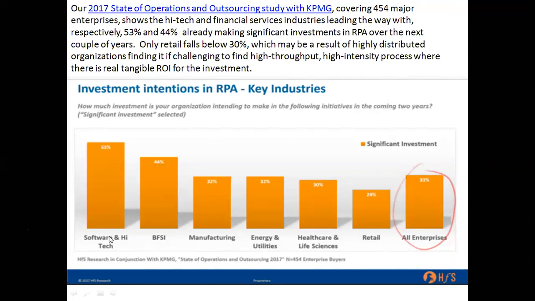And if we look at software and high tech, what investments are done? 53%, in manufacturing 32%, energy and utilities, healthcare, life sciences, retail industries, almost on average all the enterprises are interested in having their own RPA staff. They would like to maintain their own RPA practice.